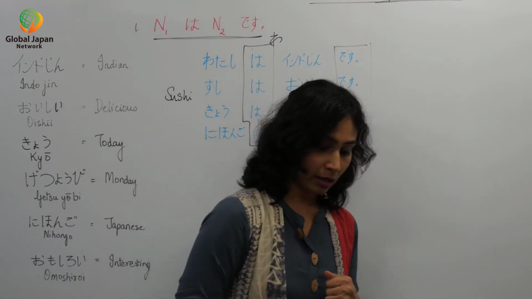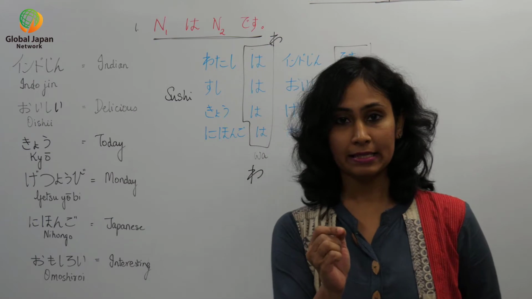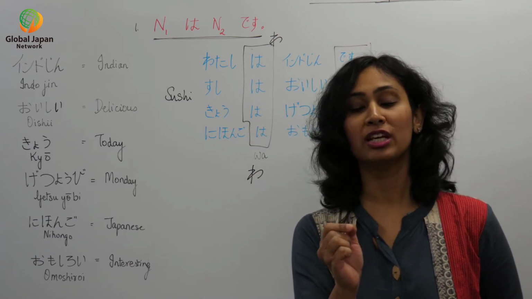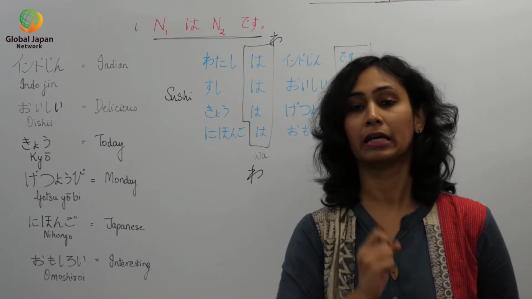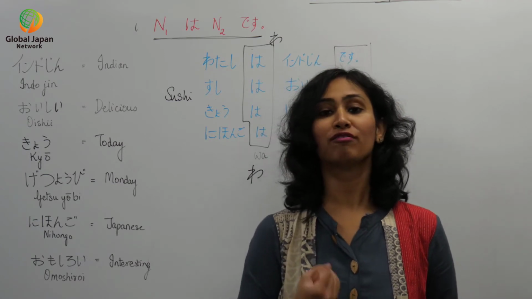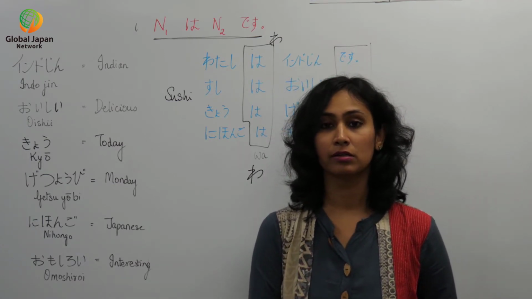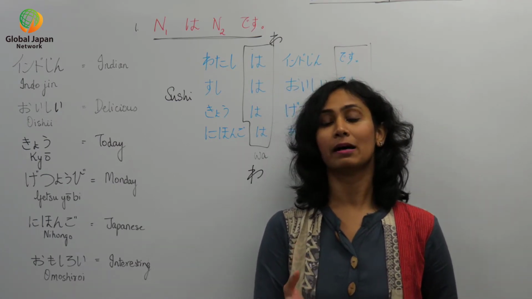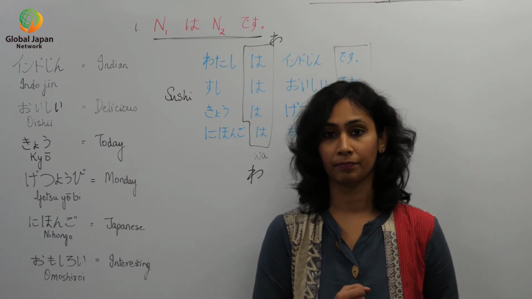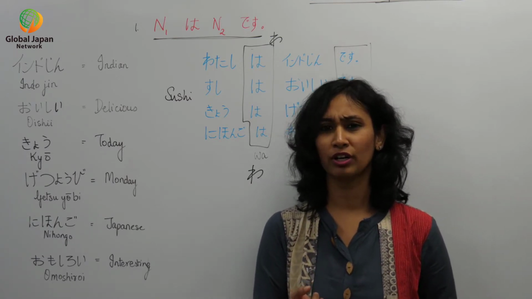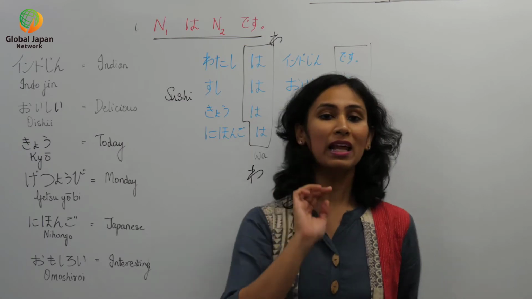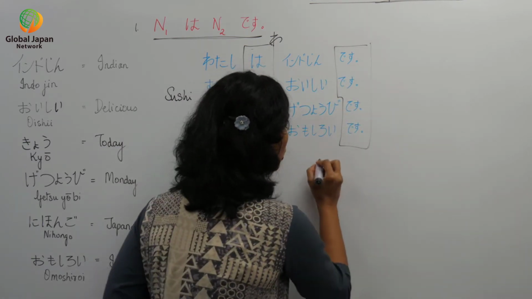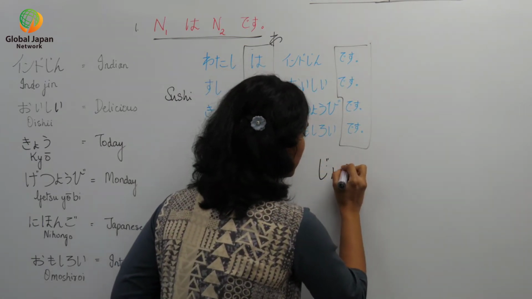Now, there is in Japanese a terminology in grammar called particle. Like how you have conjunctions, articles, prepositions, there is something called particle. The Japanese word for it is joshi. So let me give you some information on joshi now.